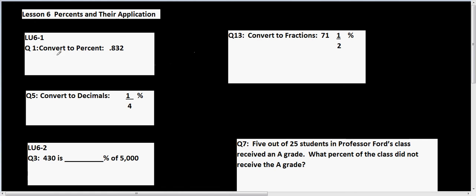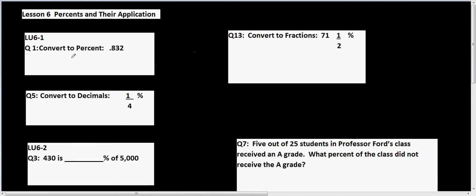You're going to find situations where you've got to convert to a percent from a decimal. In this case we have 0.832. So what would that look like as a percent? What you have to do here is move this decimal point over 2 spots and then add your percent sign.